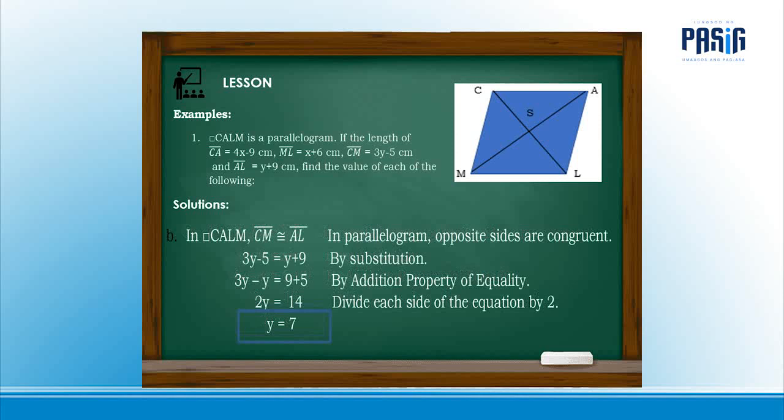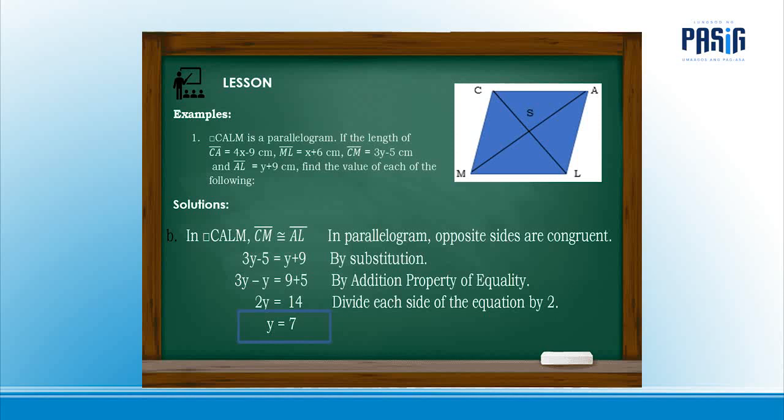Solution to find the value of y. In parallelogram CALM, side CM is congruent to side AL, since opposite sides are congruent. Now let us substitute the values of side CM and side AL. By substitution, 3y minus 5 is equal to y plus 9.